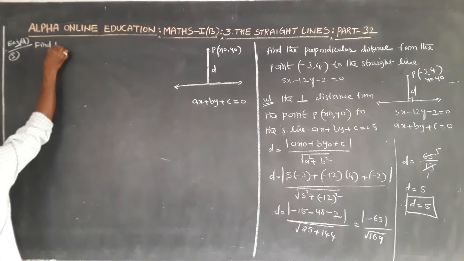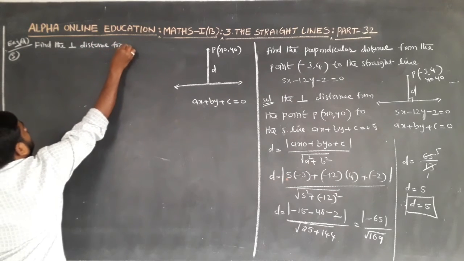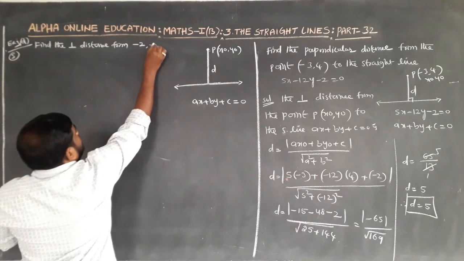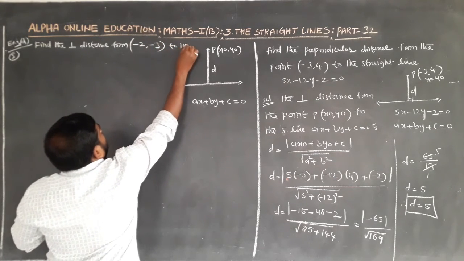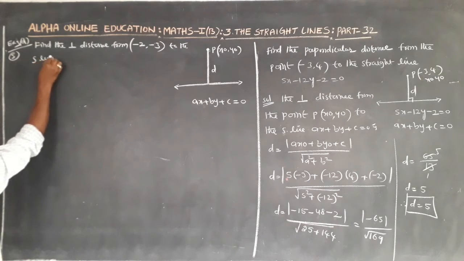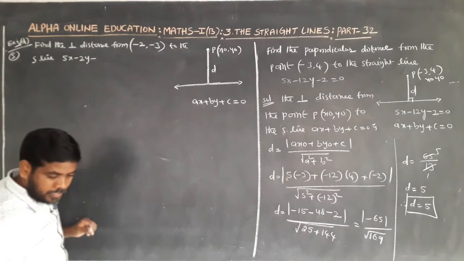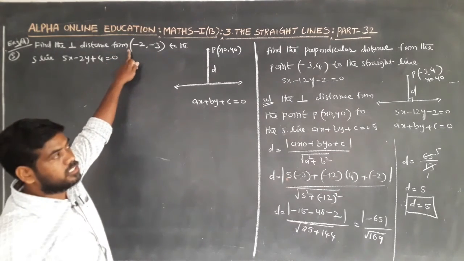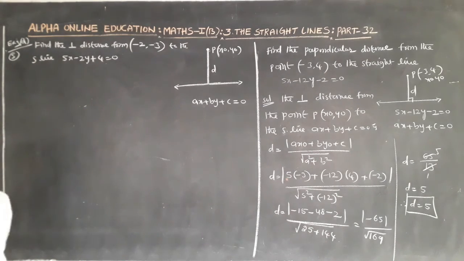Find the perpendicular distance from the point (minus 2, minus 3) to the straight line 5x minus 2y plus 4 is equal to 0.